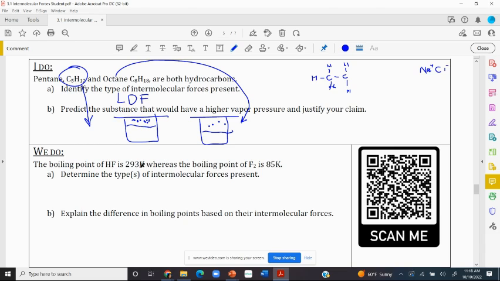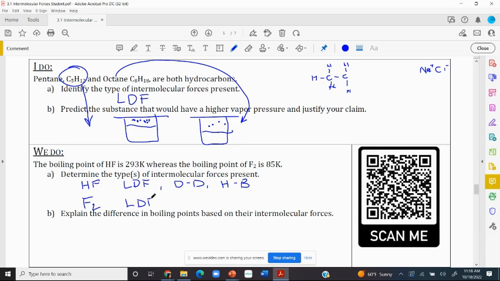All right, the boiling point of HF is 293, whereas the boiling point of F2 is 85 Kelvin. Determine the types of intermolecular forces present. So HF, what are its intermolecular forces? Dipole. Yes. Okay, and what about F2?